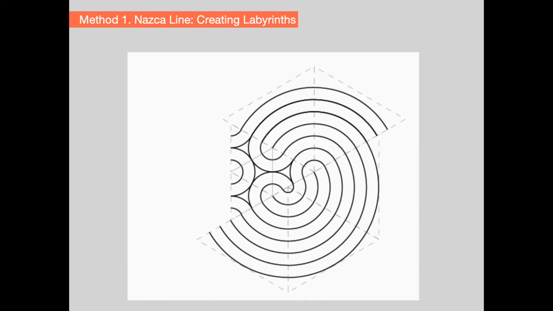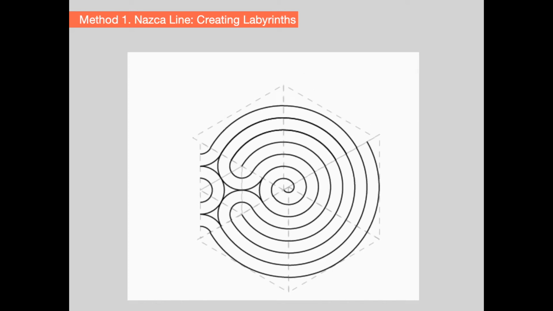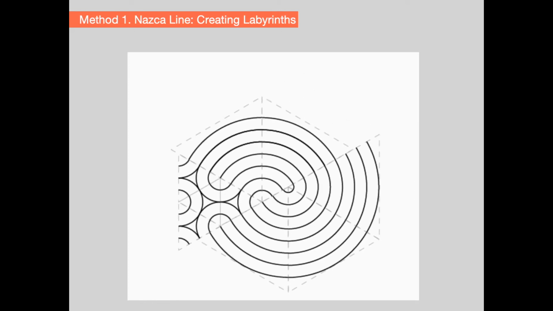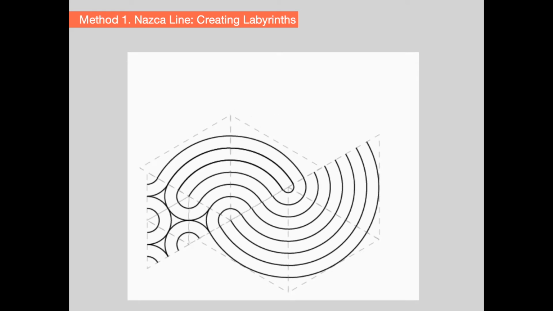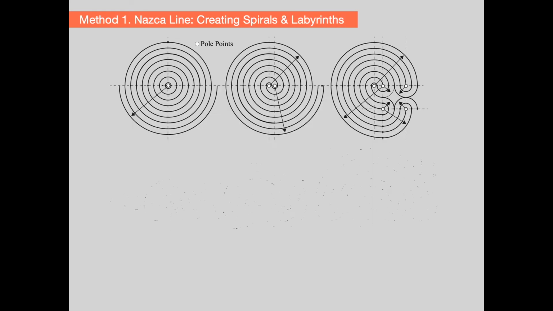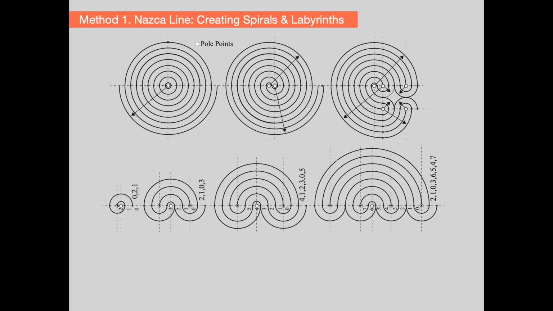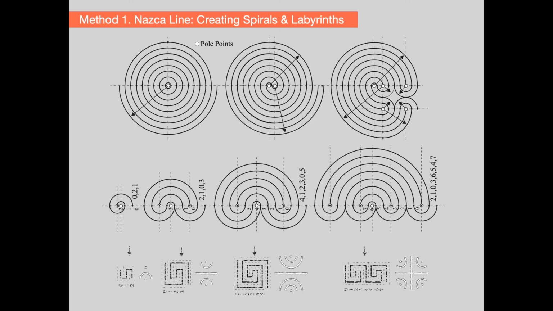This just shows a few variations of the same method. Extending the method, a range of spirals, labyrinths and winding pathways can be drawn, of which many have turn sequences corresponding to those of ancient labyrinths.